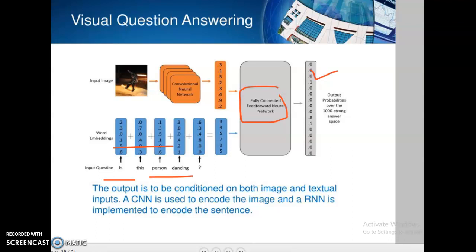The output is conditioned on both the image and the textual inputs. Here, a CNN is used to encode the image and an RNN is used to encode the sentence.